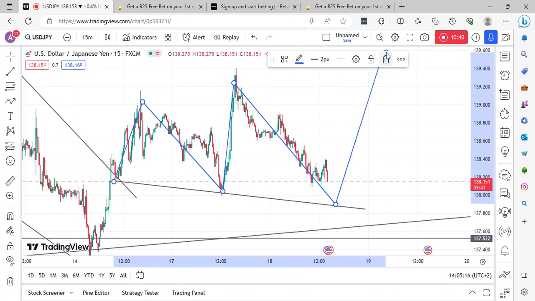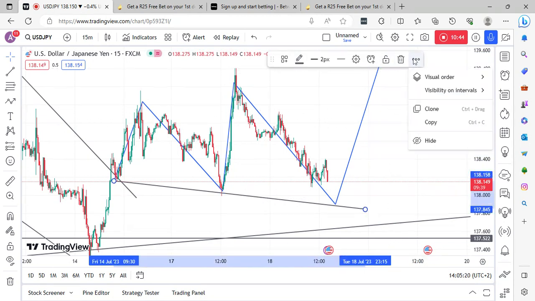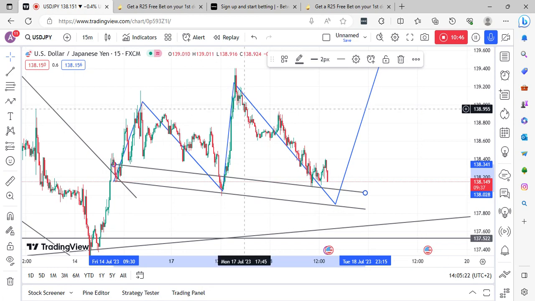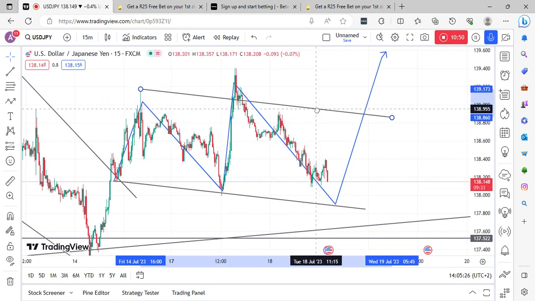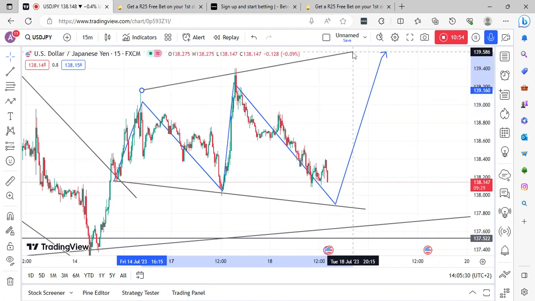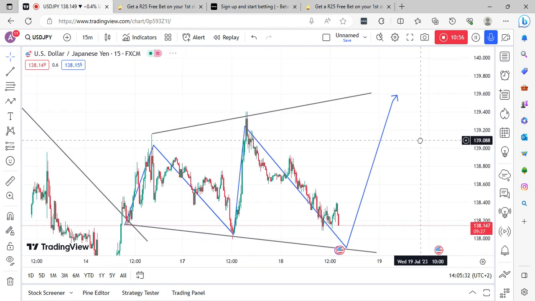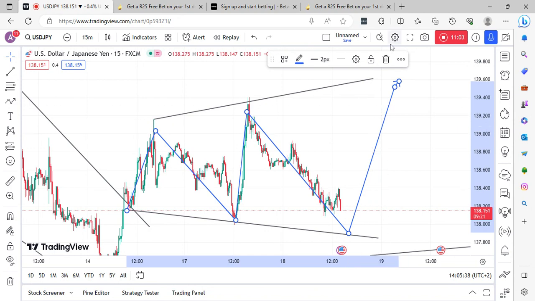Also on a higher region, you put your other trend line, which could be this way. I would say this is where we're heading. Okay, so that's the whole idea behind analyzing a market.